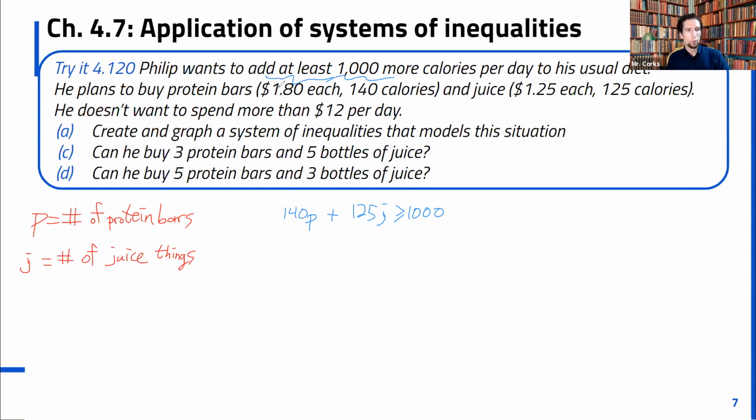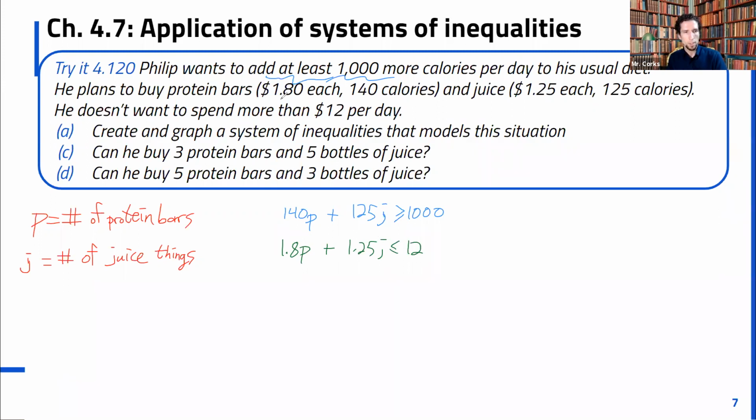All right, let's do these. Can we make another inequality here? Yeah, 1.80p plus 1.25J is less than or equal to 12.